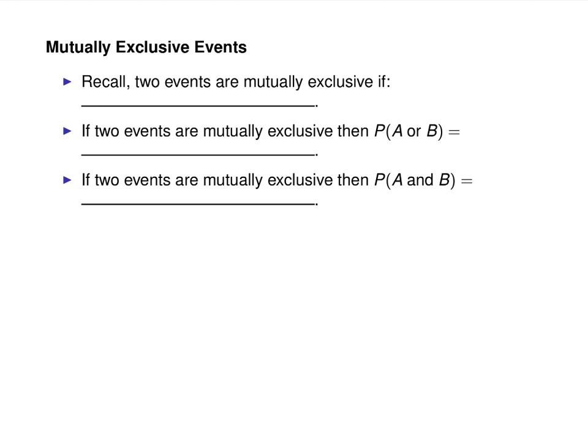All right, then back to this whole mutually exclusive and independent thing. Mutually exclusive is actually significantly easier to test than independence. Independence is tricky, mutually exclusive is not. So 2 events are mutually exclusive if, who remembers? They do not share common simple events.